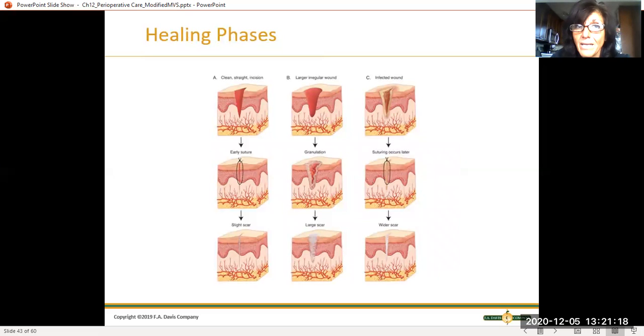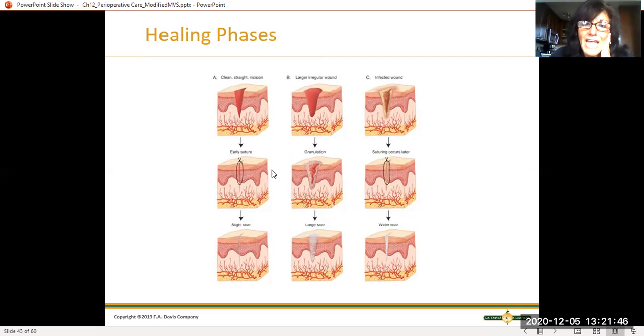And when we talk about healing, we have phases of healing, and it depends on what kind of wound the patient has. So when we look at A, an incisional site is optimum for healing because it's a clean, straight incision, okay? And what should happen is that the surgeon should suture it, and then as it heals, there's going to be a little scarring there, but it should heal up nicely.